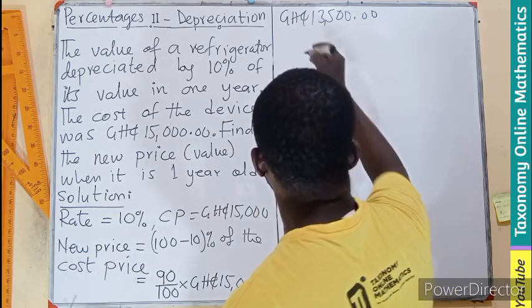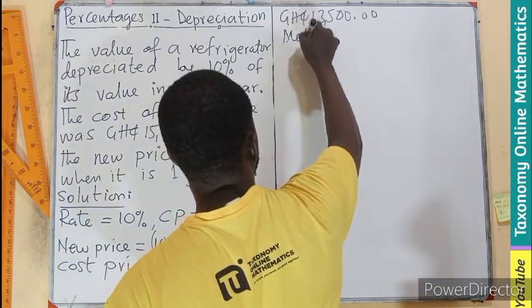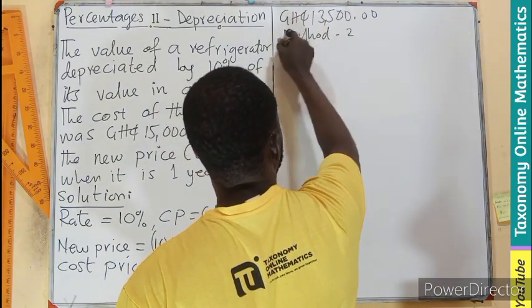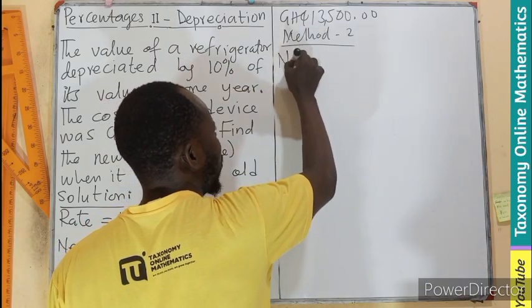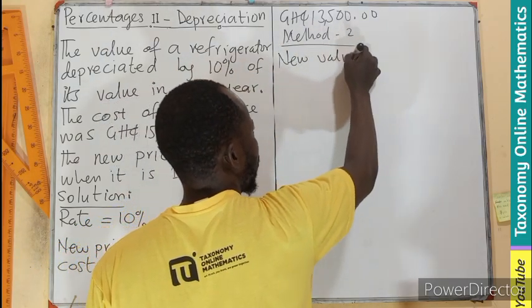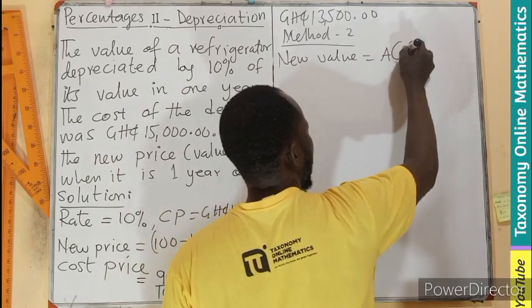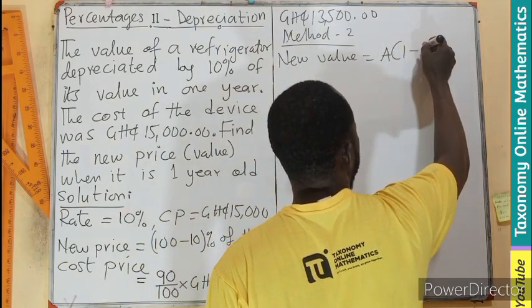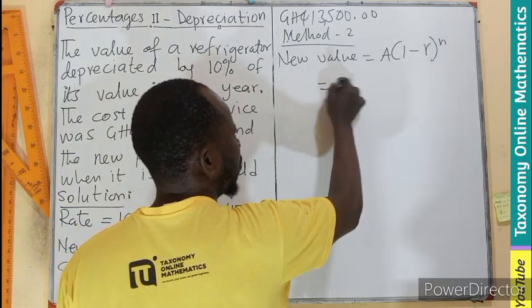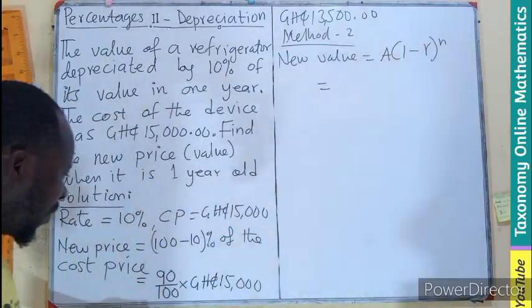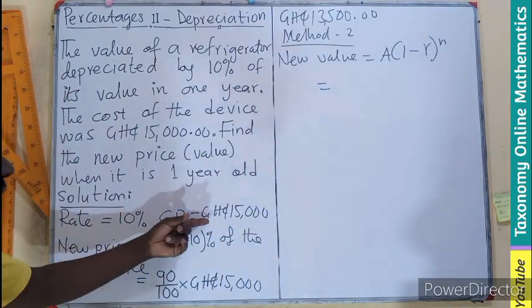Now, if you want to take method 2, which is making use of the formula, new value equals A(1 minus R)^n. The A is the value of the item, which is the cost price of the item.